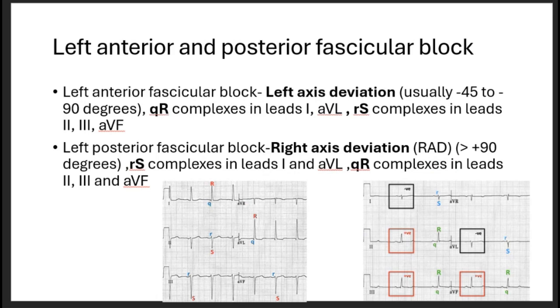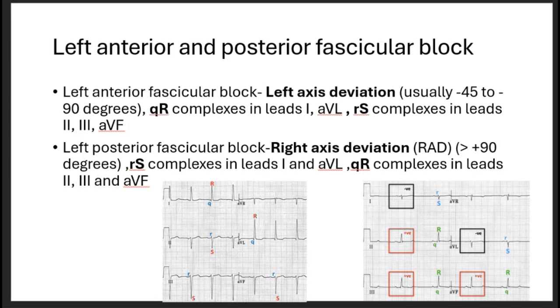For the left anterior fascicular block, you should usually see a left axis deviation. I think Fatima will explain the axis deviation, but quickly, left axis deviation means that in lead 1 the overall deviation is positive, and in lead 2 the overall deviation is negative. You also see QR complexes in lead 1 and AVL, and RS complexes in leads 2, 3, and AVF.